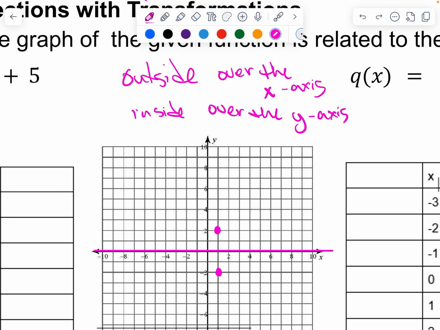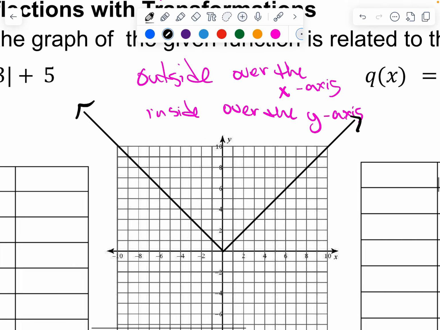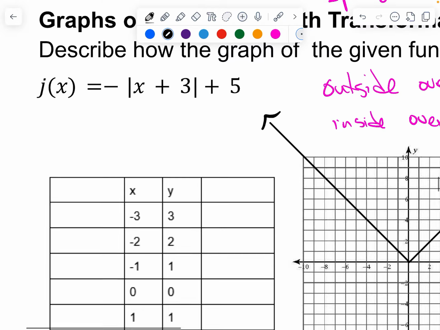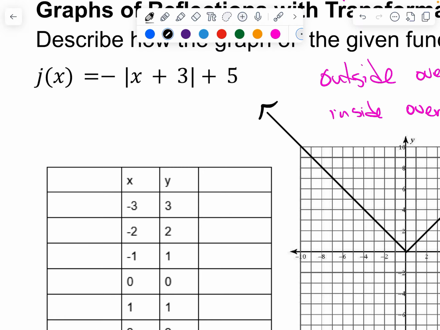Okay, so we're going to come over here and get rid of this, and we are going to draw our parent graph like we should always be doing, with arrows and making it with the straight edge. So on the inside, I'm taking x and I'm subtracting 3.